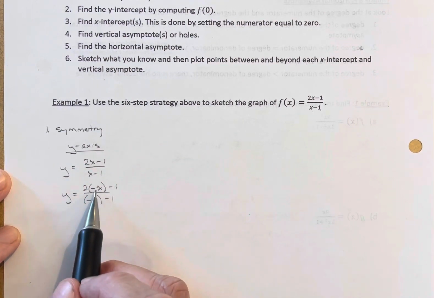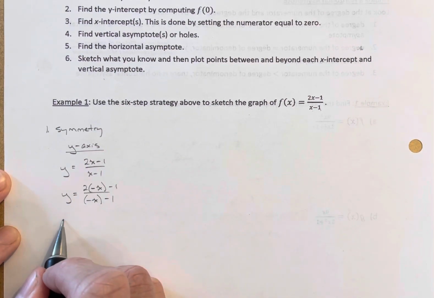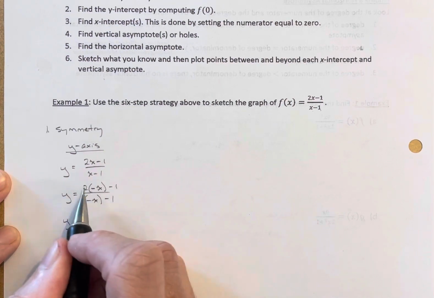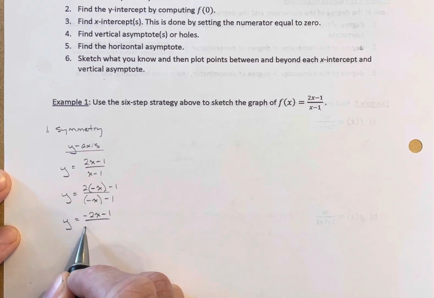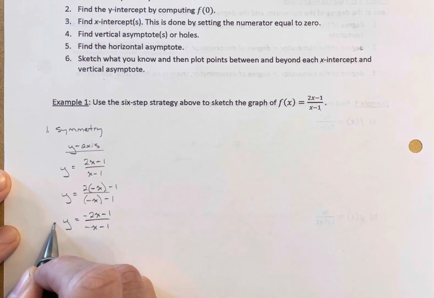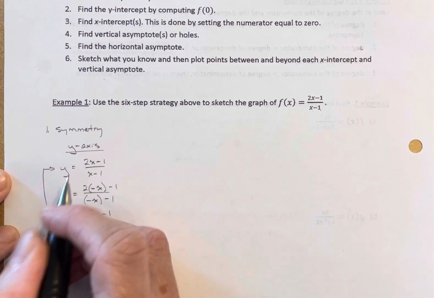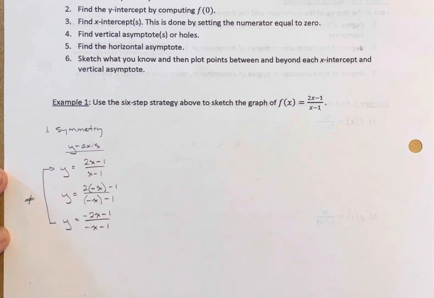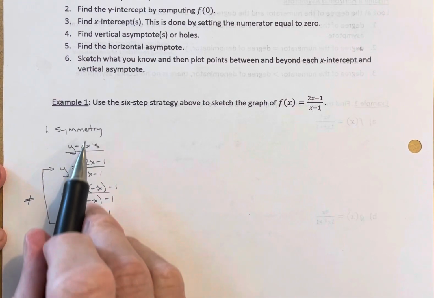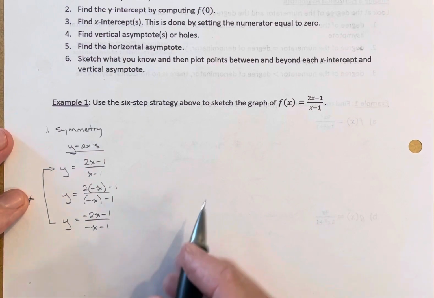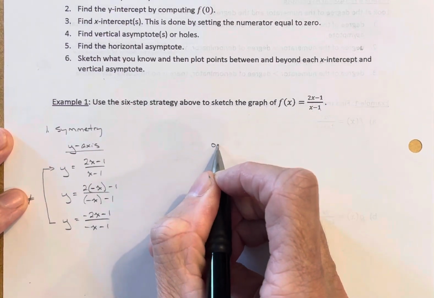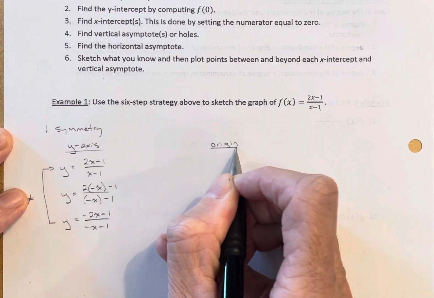I put in negative x for x, and now I'm going to simplify it. This is negative 2x minus 1 over negative x minus 1. I will compare it with the original. I will see that they're not equal, so there is no y-axis symmetry. Do we have origin symmetry?